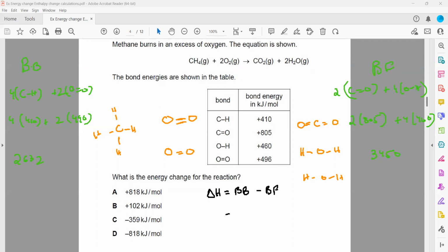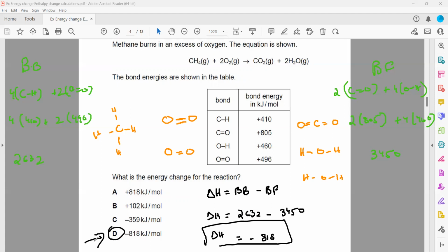The bond breaking energy is 2,632. The bond forming energy, 3,450. When we simplify, we get minus 818. So D will be the right answer.